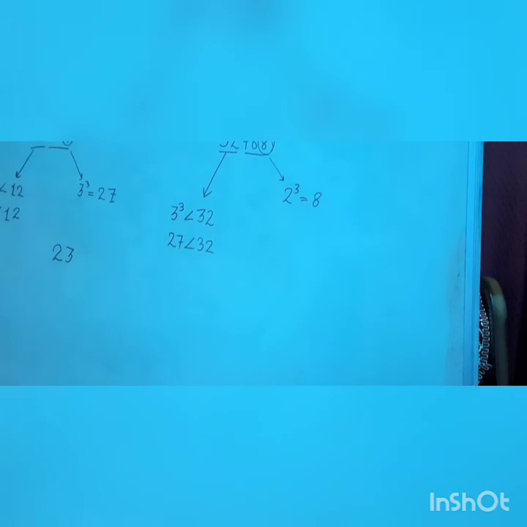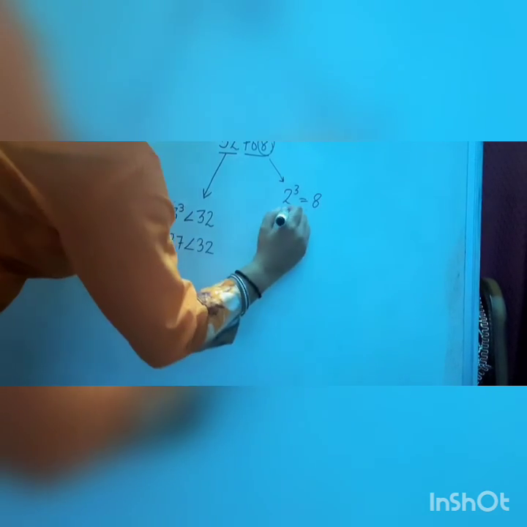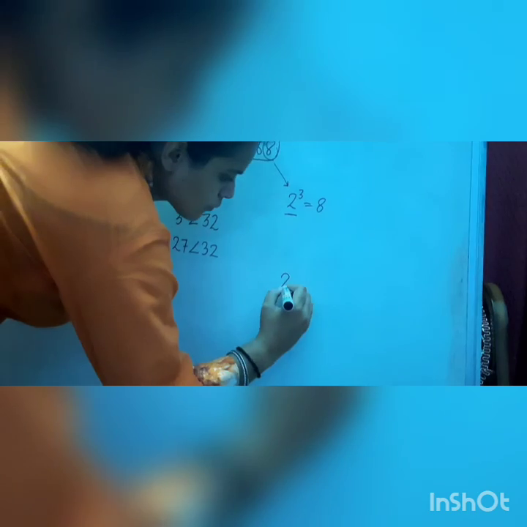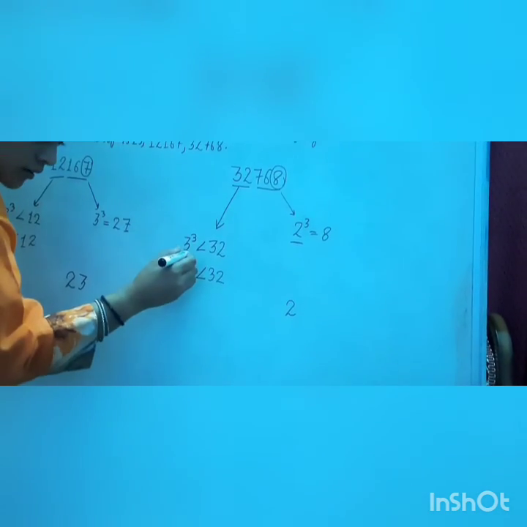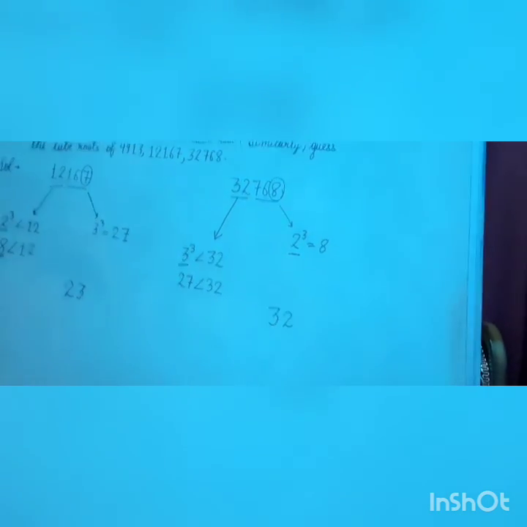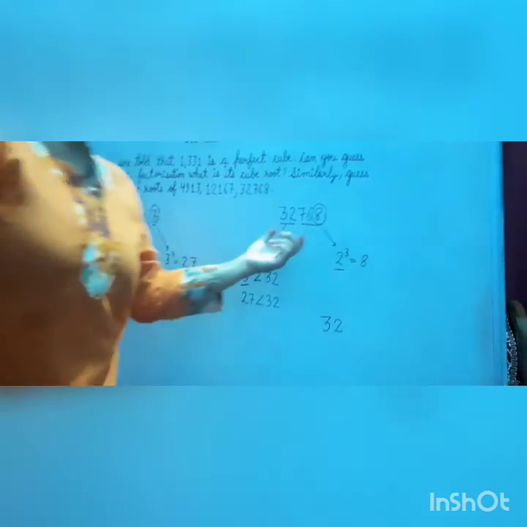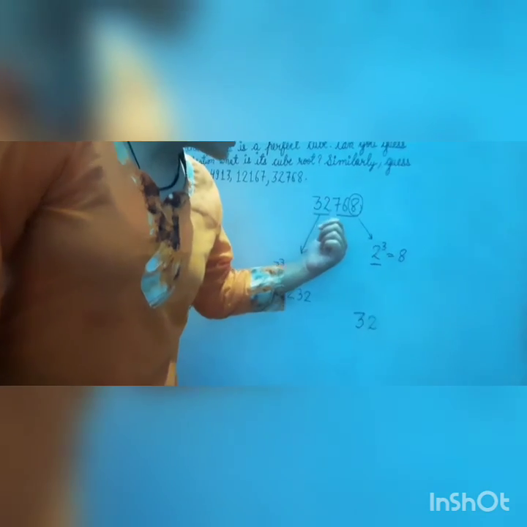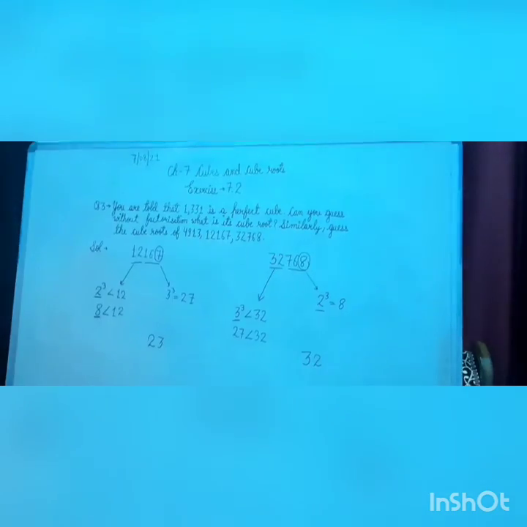That's why at the unit place you take 2, and in the tens place you write 3. The cube root of 32,768 is 32. Okay class, thank you class.